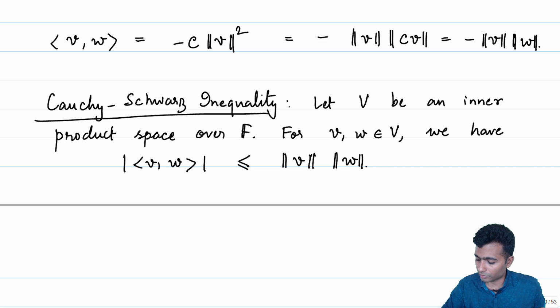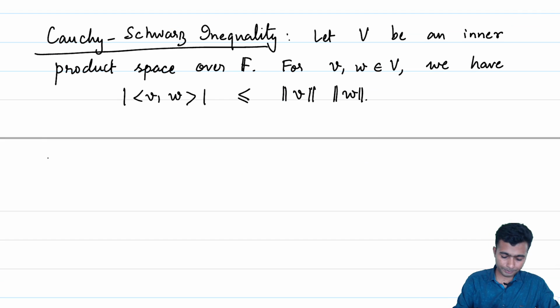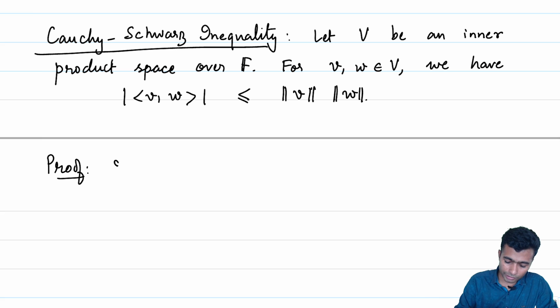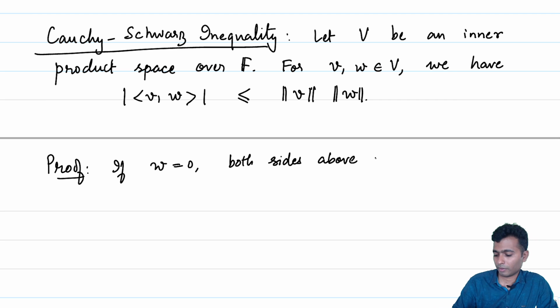So let's look at a proof of the statement. So how does the proof go? If W is equal to 0, you can notice that both sides of the inequality will turn out to be 0, because the inner product of any vector with 0 is 0 and the length of the 0 vector is 0, as has already been noted. So if W is equal to 0, both sides above will be 0.